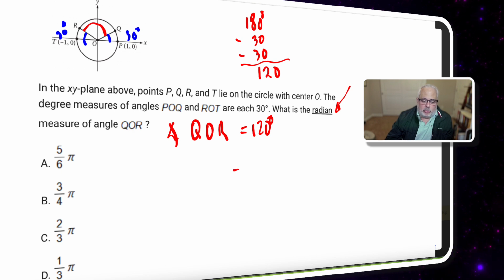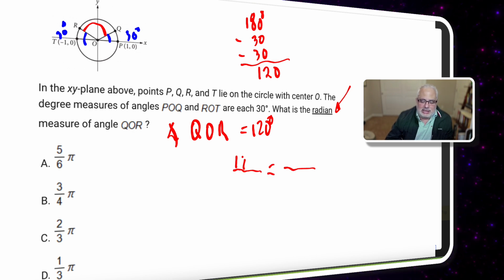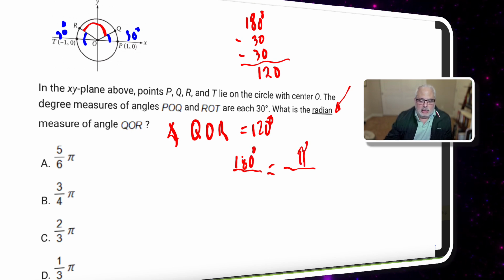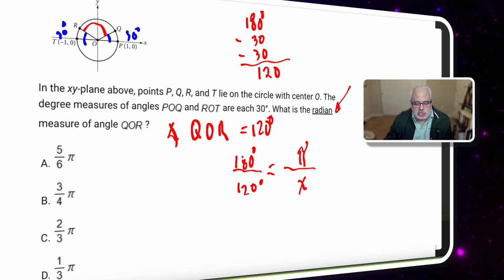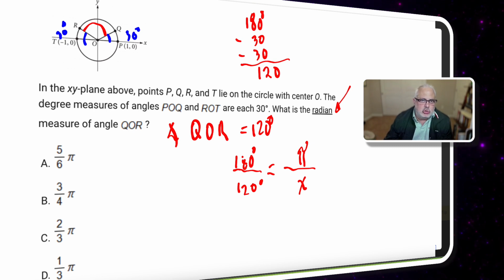So remember the proportion here. 180 degrees is equivalent to pi. Okay, 120 degrees, I don't know, in radians, how much is that? And I have that proportion. And this is using proportions to solve the conversion between radians to degrees and degrees to radians.